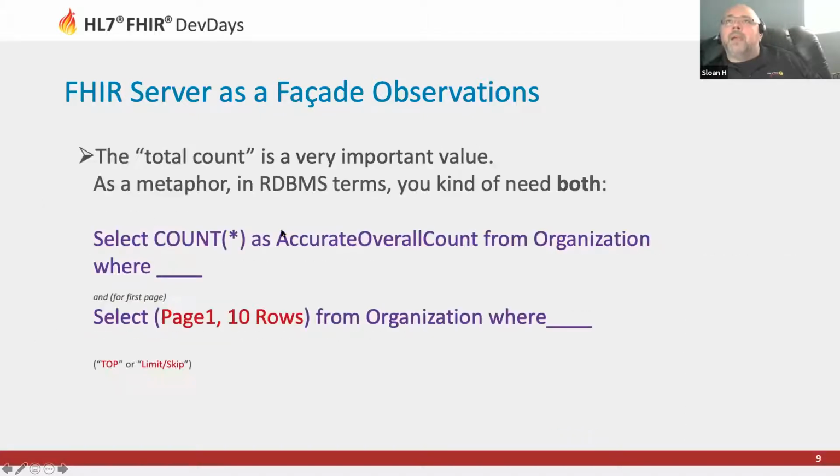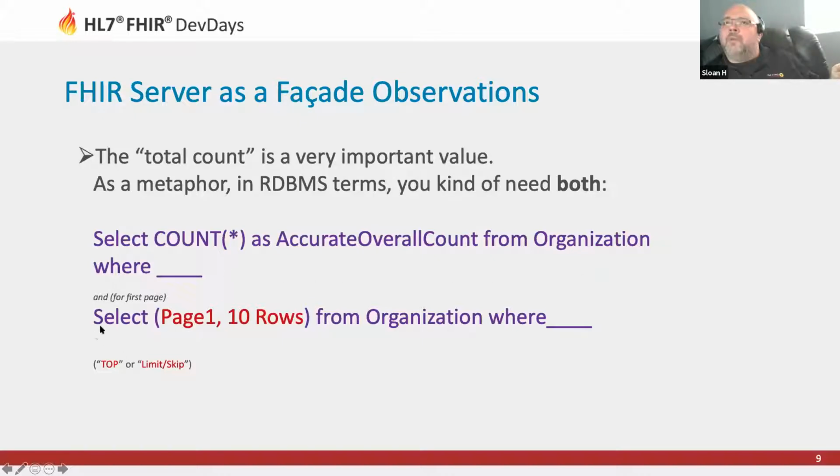My metaphor when you're dealing with the count: when you hit that first page, you almost need to have two operations on your plain server or your facade. You need to say select count as accurate overall count. Obviously it may not be a database, it may be a backend REST service, but this functionality has to exist. An accurate overall count, with whatever filters come in.